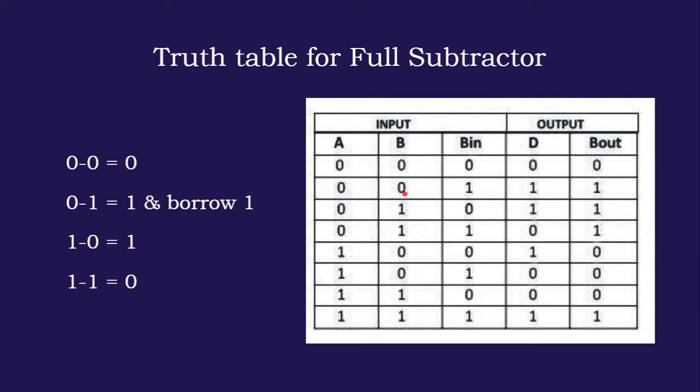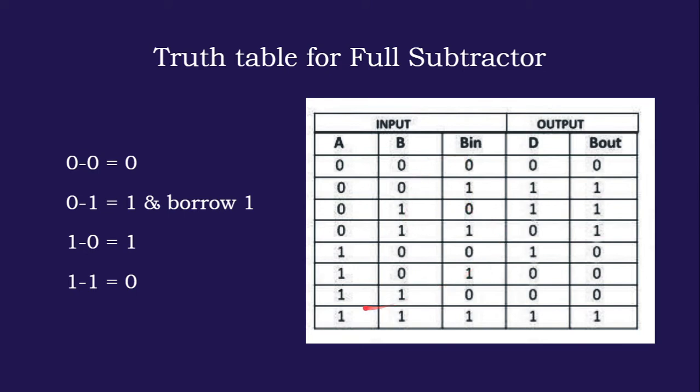0 minus 0 is 0, there is no borrow. But now when we subtract 0 minus 1, we get a borrow as well as a difference. 0 minus 1 is 1 with a borrow 1, so the difference is 1 and the borrow is 1. Likewise we subtract the first two digits, and from the answer we subtract the next digit.